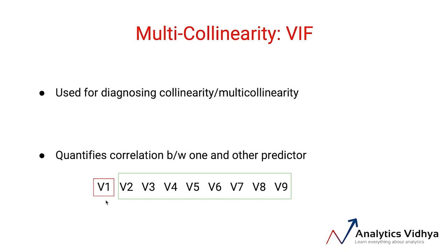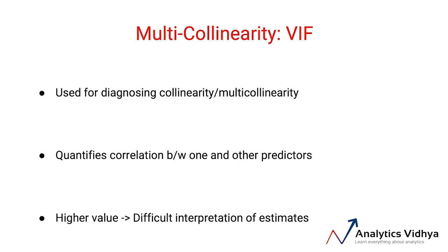If I have, let's say, 9 independent variables, I would take V1 and build a model using V2 to V9 which predicts V1. I'm trying to see if I can predict V1 accurately using V2 to V9, and whether I already have enough information to predict V1.